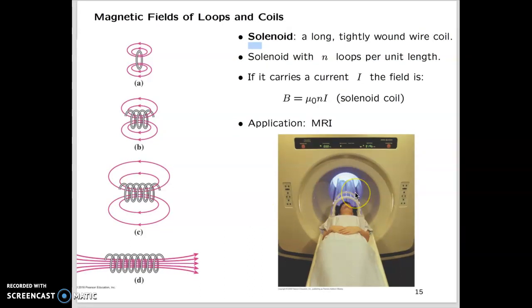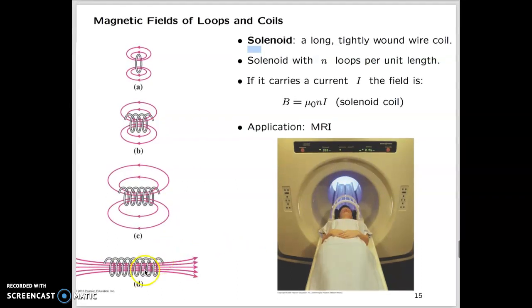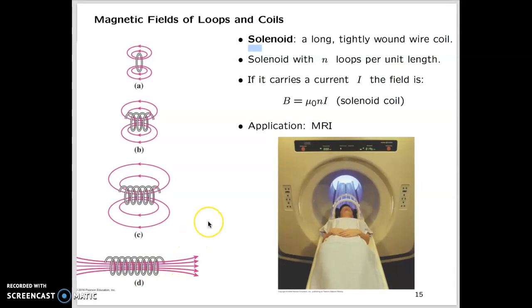Inside this tube is a really strong magnetic field caused by the fact that around the periphery of the tube, you don't actually see it, is a helical coil of wire carrying a current.